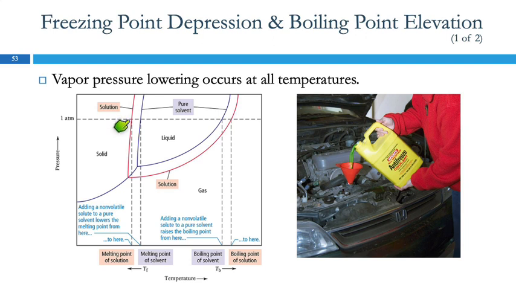So that's good if you don't like your radiator to freeze solid, which is really bad because it expands and then it bursts the radiator, and then you need to go get a new one. And it's also good at the other end because it causes the water to boil at a higher temperature, and so you're not going to have all that steam coming out of your radiator as easily.